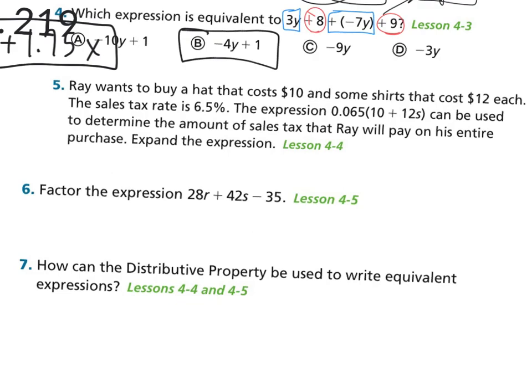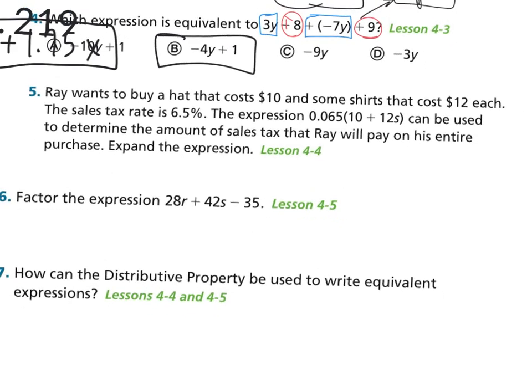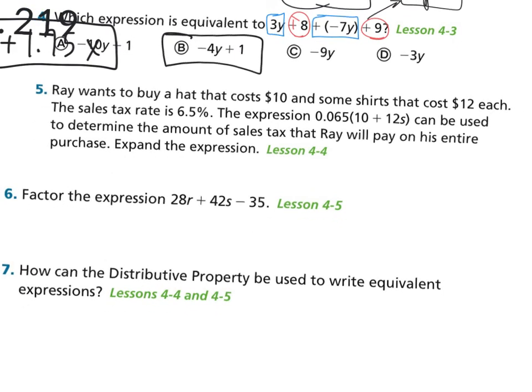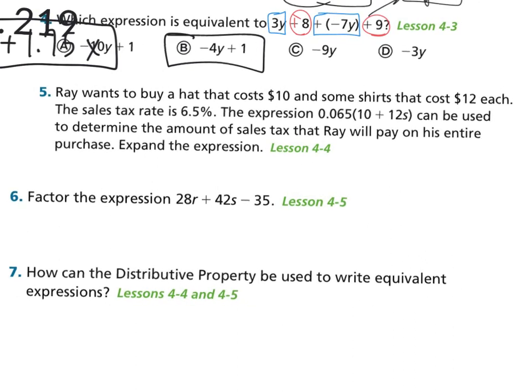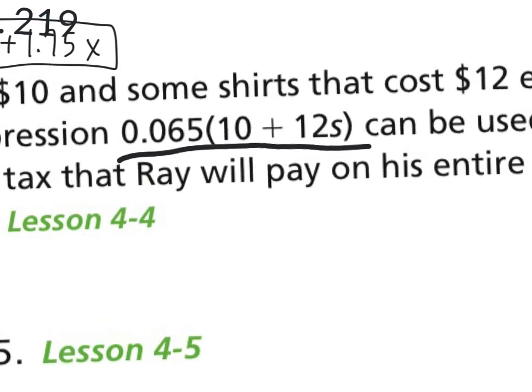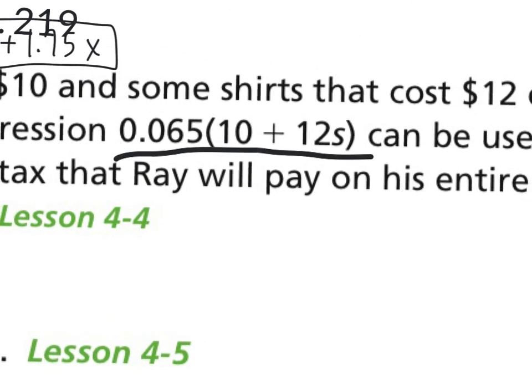Number 5, Ray wants to buy a hat that costs $10 and some shirts that cost $12 each. Sales tax rate is 7.5%. So they give us an expression to determine the amount of sales tax Ray will pay. Expand the expression. So expand means we're going to distribute. We're going to distribute these in.